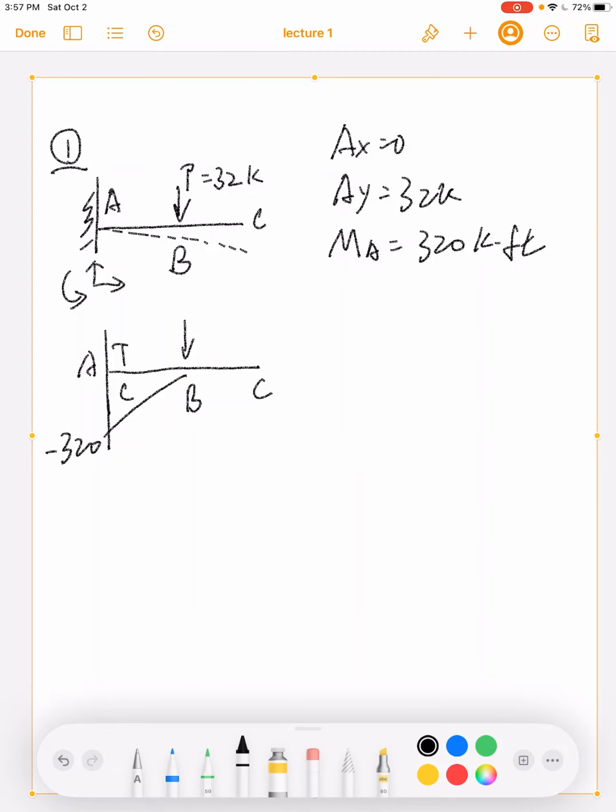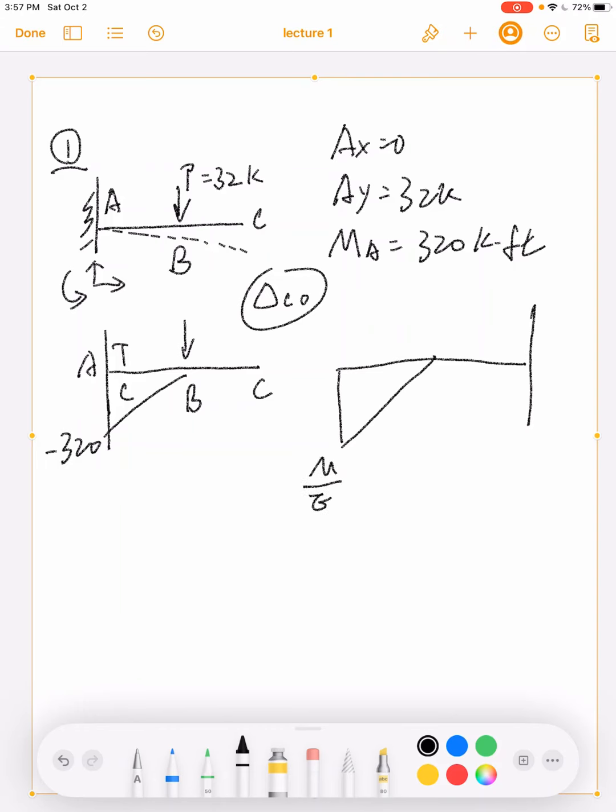Now I'm interested in the deflection at point C caused by this external force. I'm going to solve it using the conjugate beam method. When I use the conjugate beam method, I apply M over EI as the distributed load.